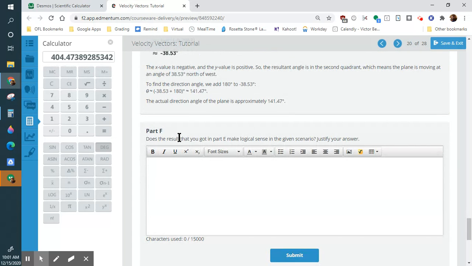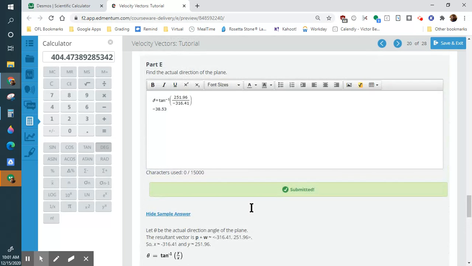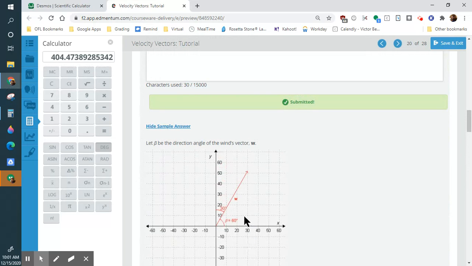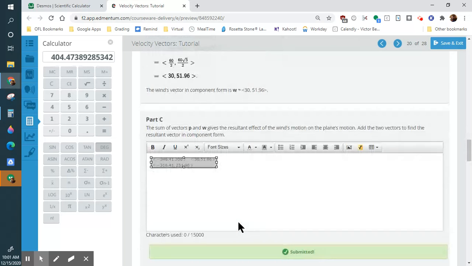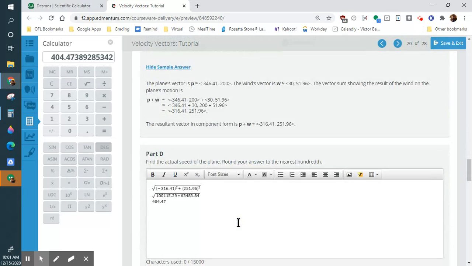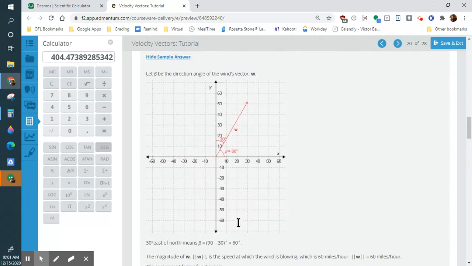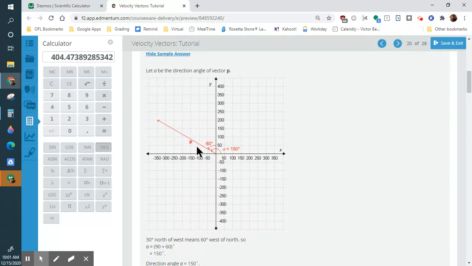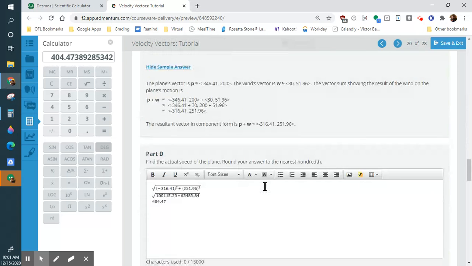Does the resultant that you got in E make logical sense in the scenario? To me, it kind of doesn't because, hold on. If the wind's blowing this way and that, it wouldn't make sense. Because if we're going this way, the wind's blowing this way, and we're going down here.